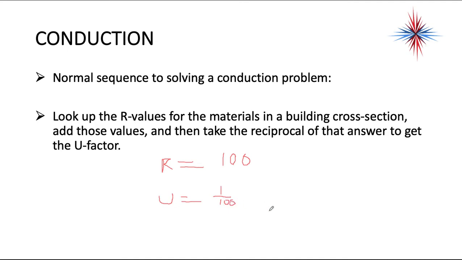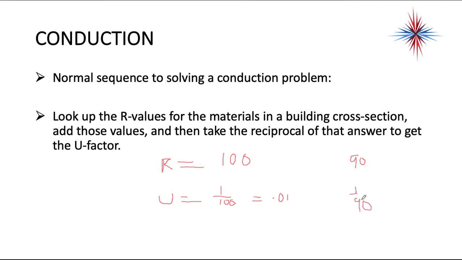If you pull out your handy dandy calculator, 1 over 100 is 0.01. Now this one is easy because it's dealing with 1 and 100ths, but we can have different values. If I have an R value of, let's say, 90, my U value would be 1 over 90.